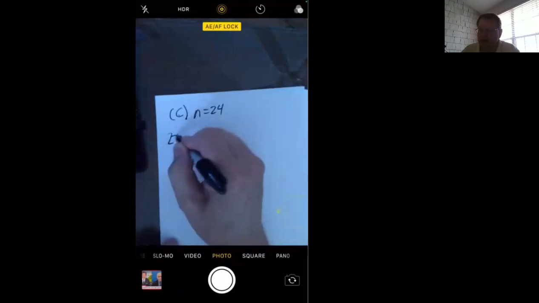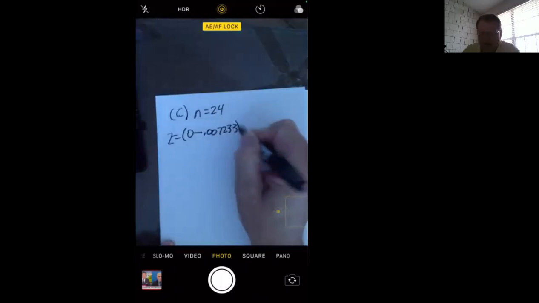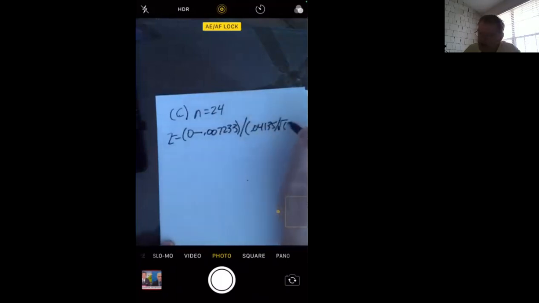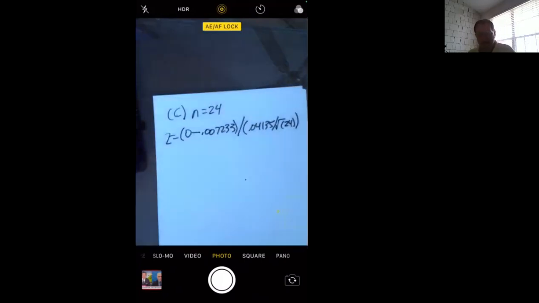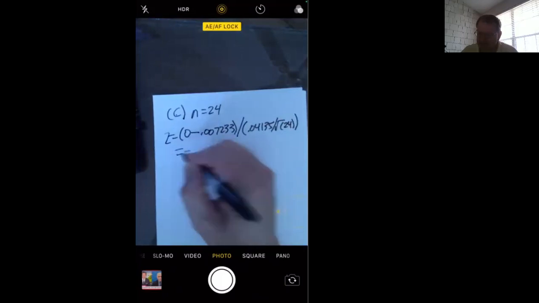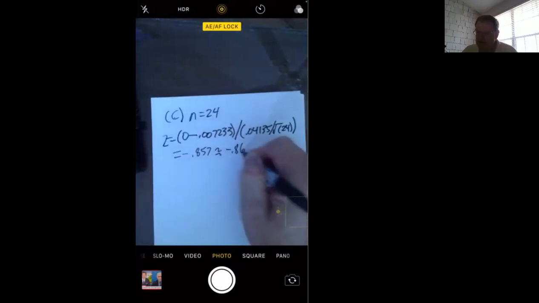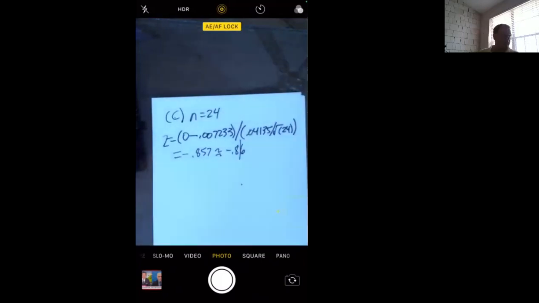Your Z would be your 0 minus 0.007233 divided by 0.04135, and that's divided by the square root of 24. You can just call it back if you find it. Make the 12 a 24. Negative 0.857. We'll call that negative 0.86, split off the 6.